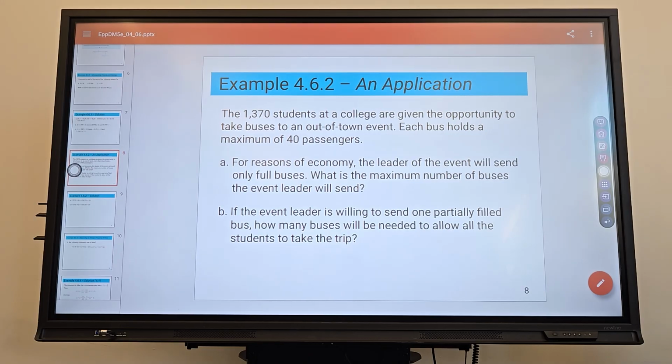The floor, because he only wants to send full buses. So divide by 40, and the remainder would be left on campus. Yeah, 34 buses. If he is willing to send one partially filled bus, it would need to be allowed to allow all the students to take the trip would be 35.